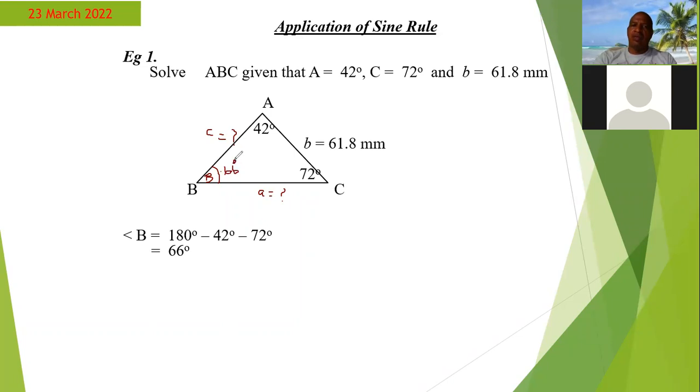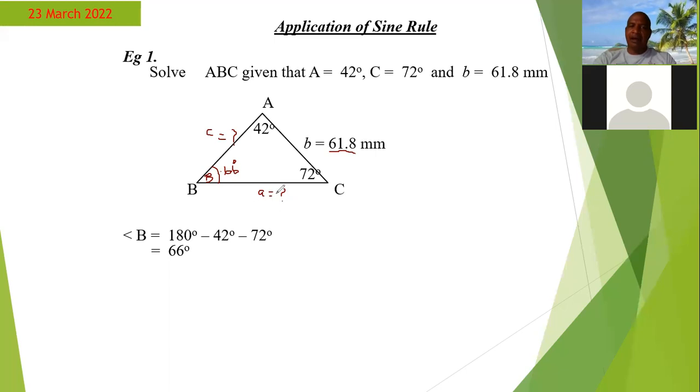Now we know the side opposite to the angle B, that means we know the side B. The side B is 61.8. Now let's say we want to solve for either the side A or the side C. We can only solve one at a time.